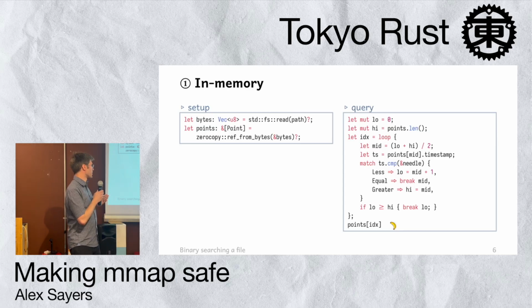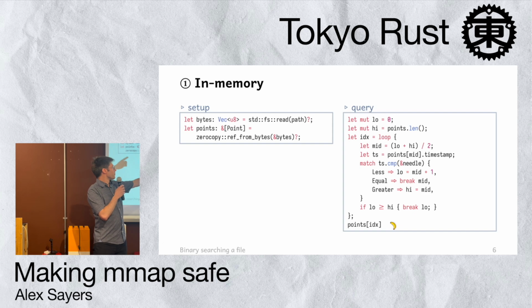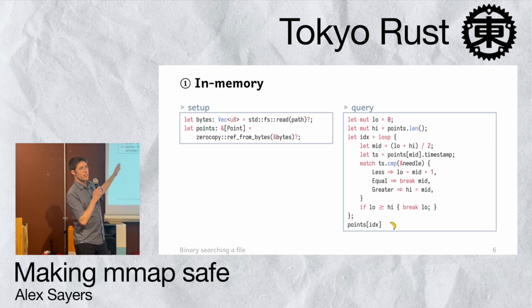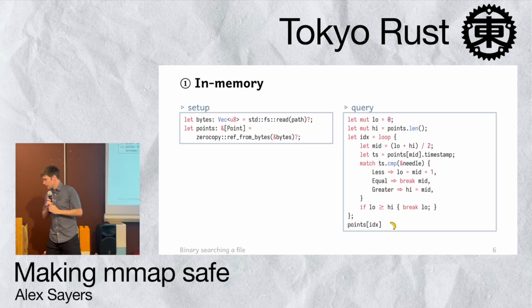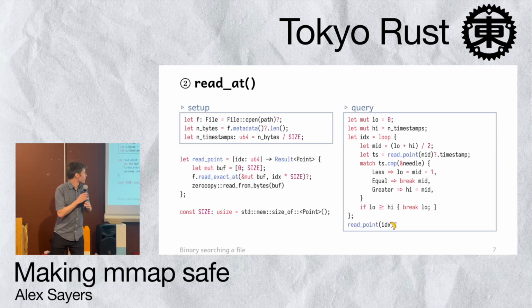It doesn't matter so much. But the point is that we query the midpoint here by doing an array index into our giant slice of points. We can replace that with something which reads a single point from the file at that point.